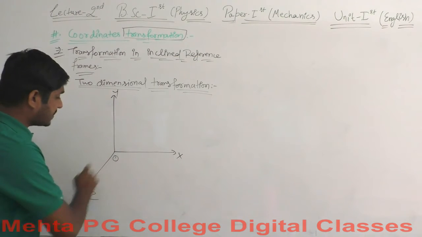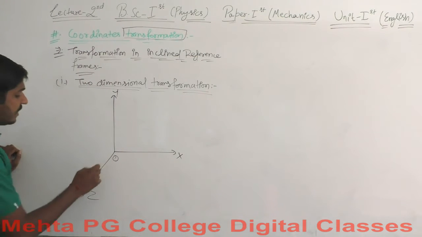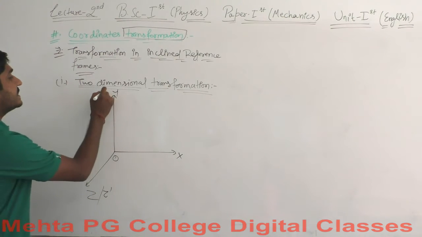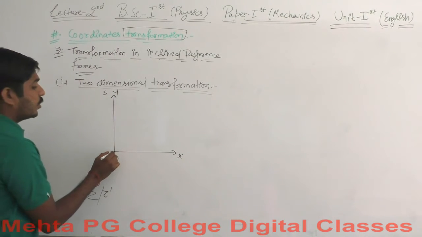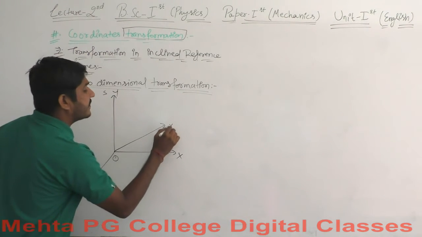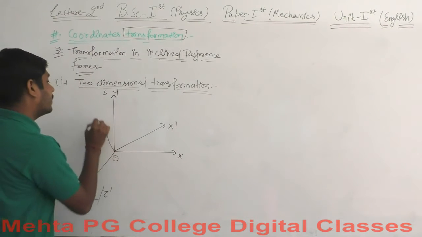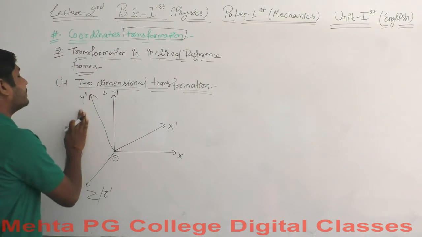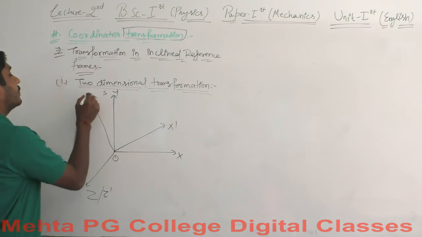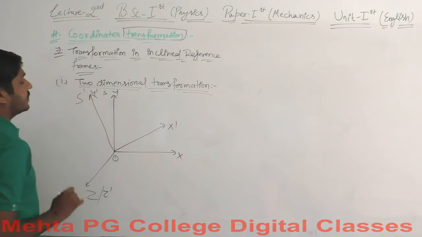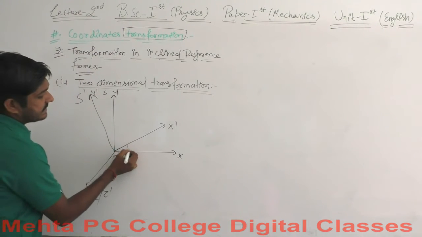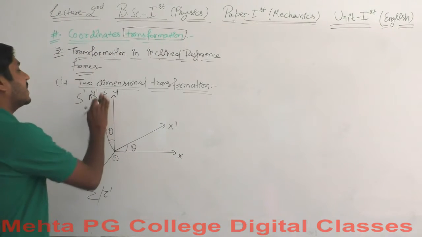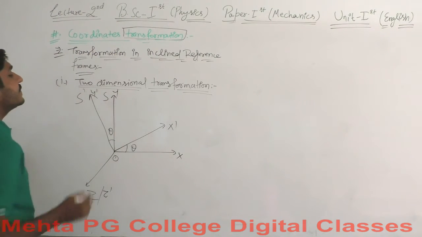So this line which represents the z direction will also represent the direction of z dash, and let's say this is the frame S. So we have an inclined frame of reference, S dash. This is the S dash reference frame. Okay, this is the frame S dash, and let's say this is inclined with an angle theta with respect to our primary frame of reference, which is the frame S.